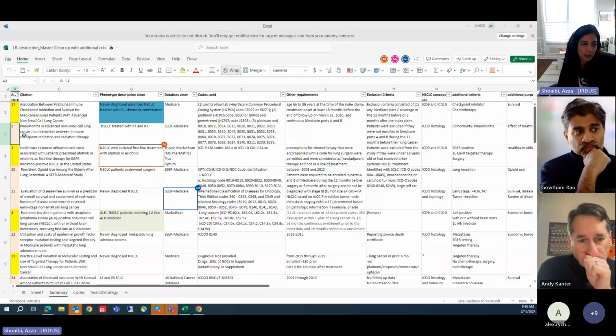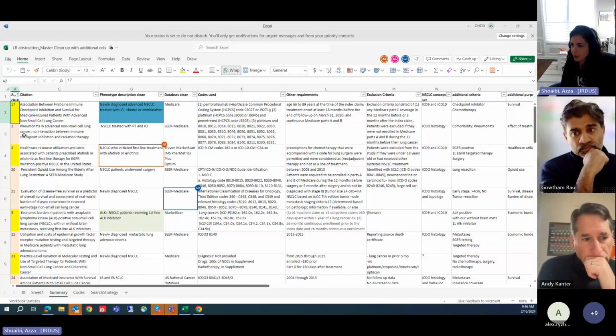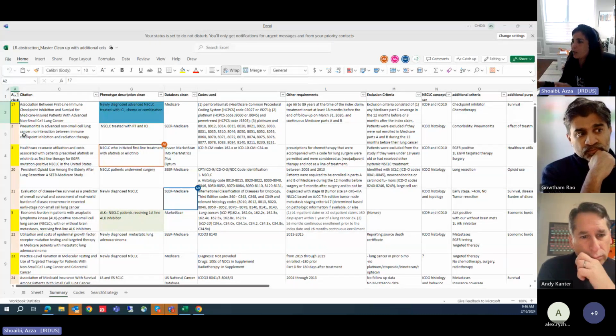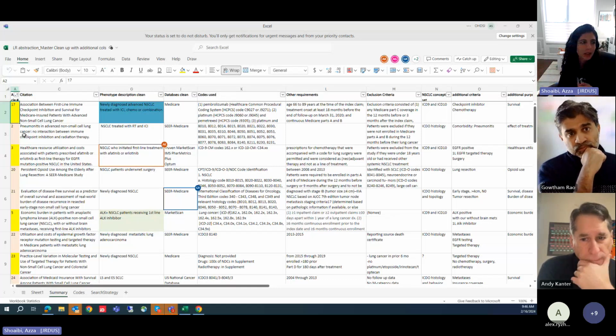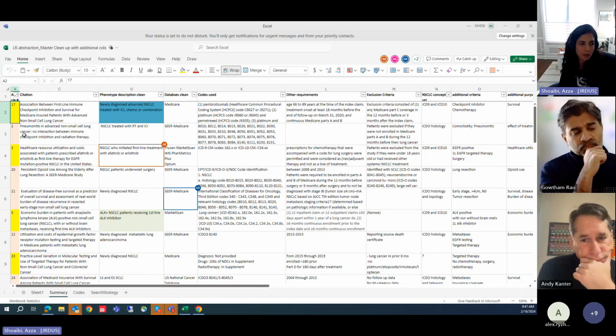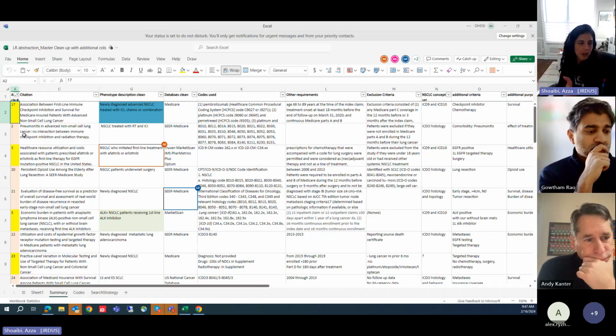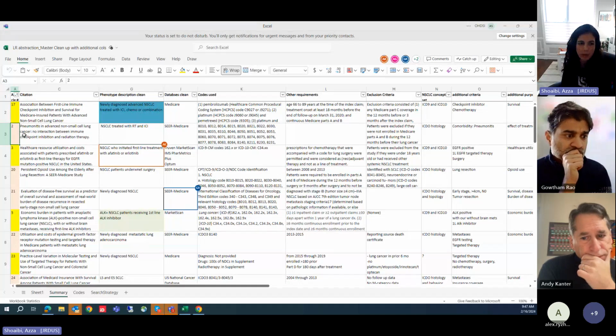So what we color coded here is that the yellow ones are claims or EHR data sources, which don't have histology pathology, which means they don't have those O codes, because it's all related to each other, right? So if you bundle the literature and sort out the yellow ones from the faded yellow, that will give you phenotypes that work on registry data and phenotypes that work on claims and EHR together.